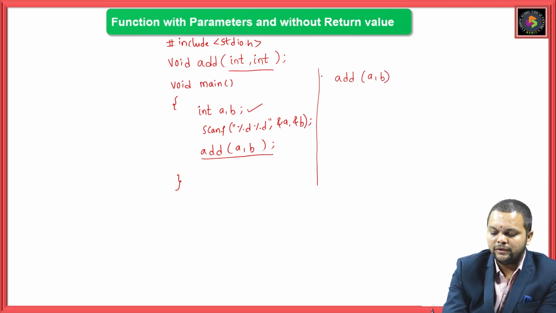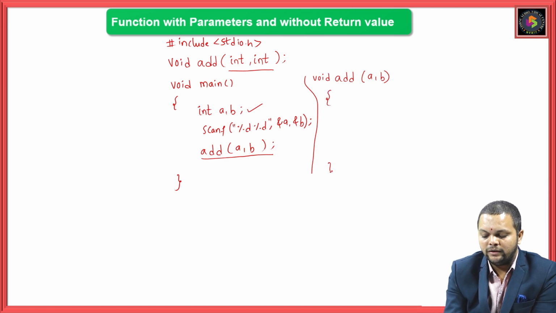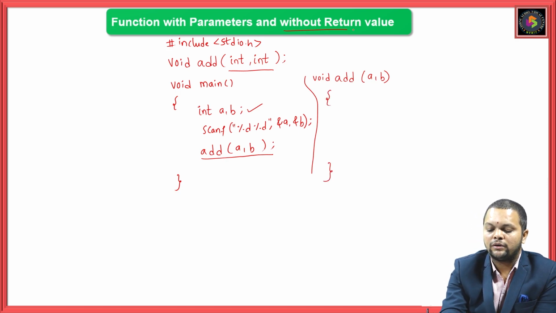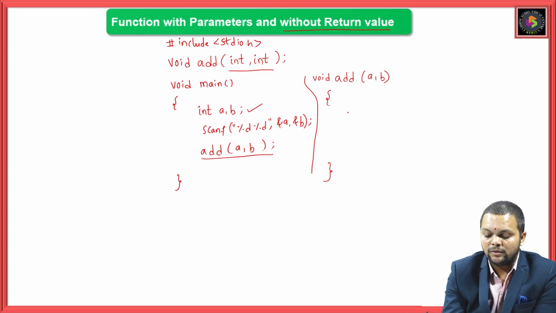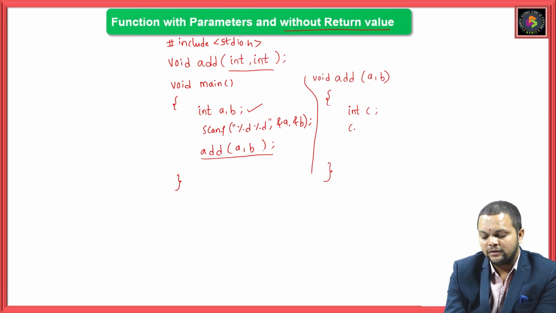So what should be here? It should be void. Void add a comma b. Why void? Because this is without return value. So I'll perform some operations here. I'll declare int c, c equal to a plus b, and I'll print that c.